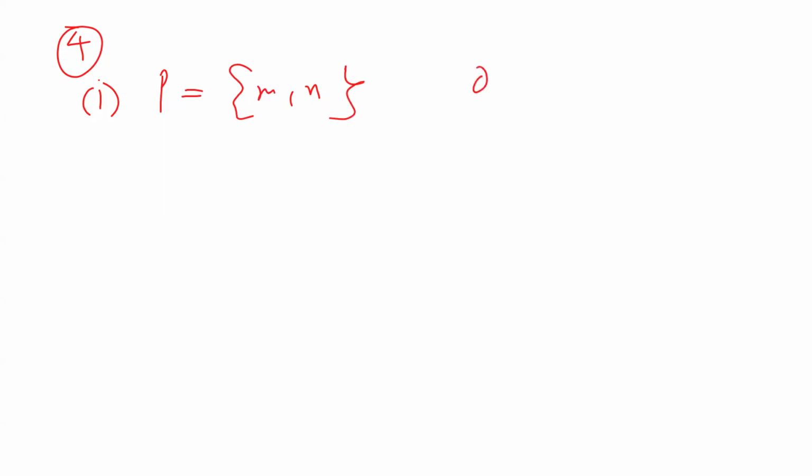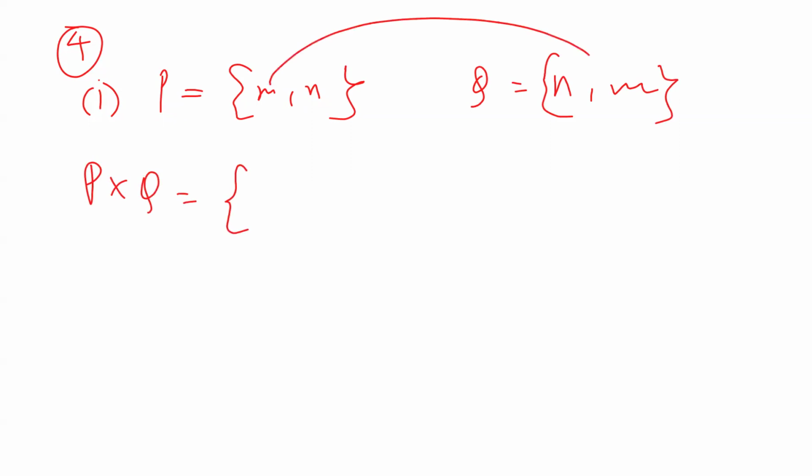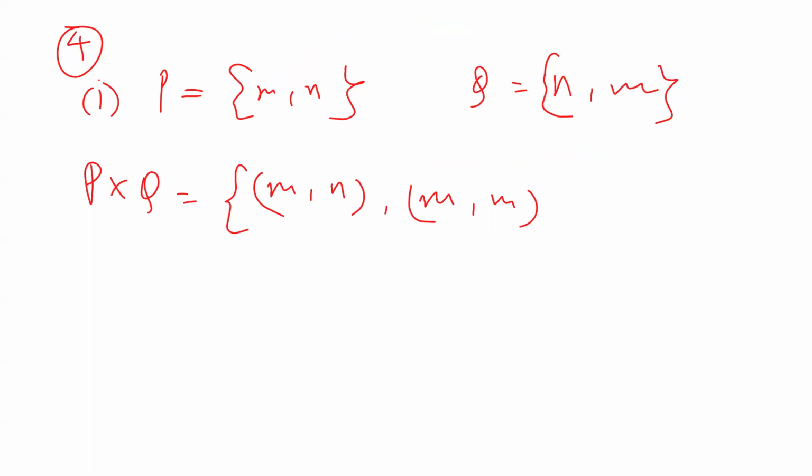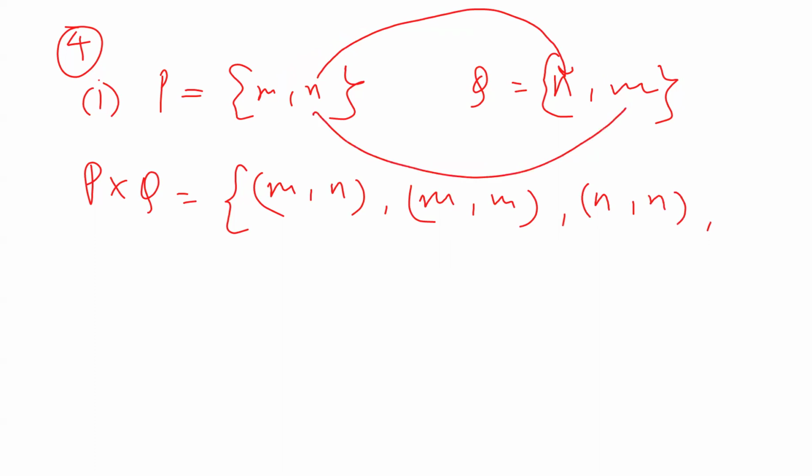And Q is N M. So P cross Q will be MN, MM, NN, NM. Okay, so this is P cross Q.